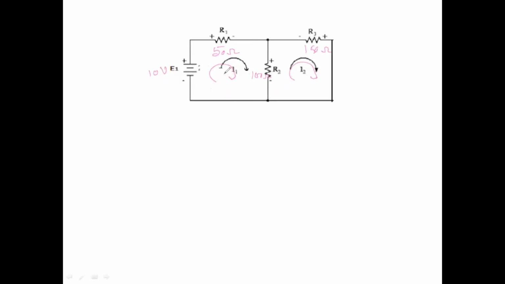You will get two equations with two unknowns. So let us say this is I1, this is I2 current, and this is I1 minus I2, that is called the I3 current, which is flowing through the R3 resistance.